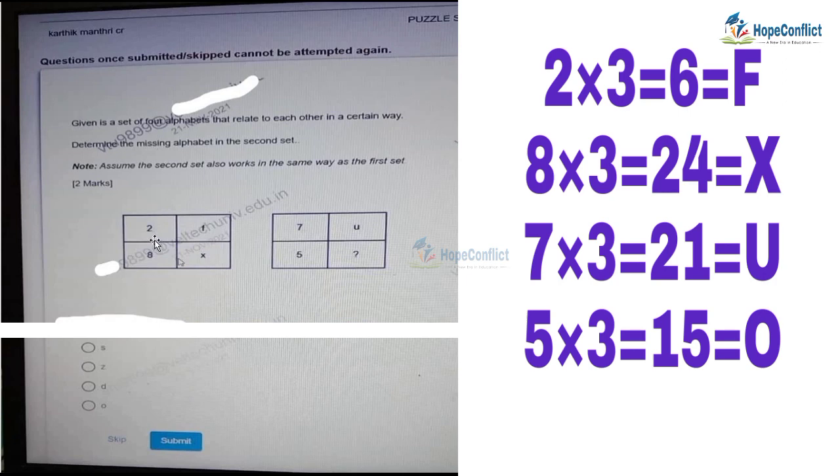For the first set, we have been given 2, F and 8, X. If we multiply 2 with 3, we will get 6, and for 6 the corresponding alphabet is F. Similarly, if we multiply 8 with 3, we will get 24, and the code for 24 is X. Considering the second set, if we multiply 7 with 3, we get 21, which is the code for U. For 5, when multiplied by 3, it will be 15. So the code for it will be O. So for this, the answer is option D, O.